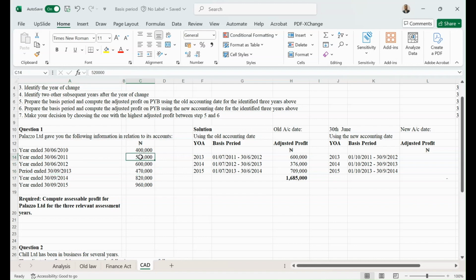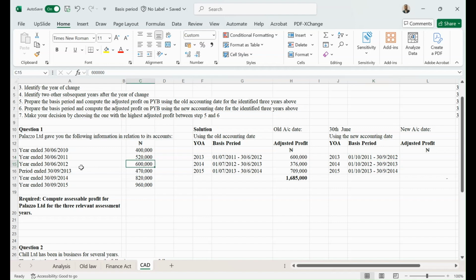Now, why you wouldn't even consider 520,000 is that it ended in June 2011, but what I'm looking for started from October 2011. So if this one ended in June 2011, this one must have started July 2011, August 2011, September 2011, then October 2011. So what that means is that the first 9 months of this business period can be found inside this 600,000.